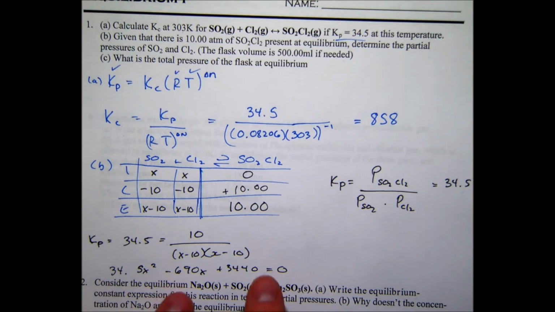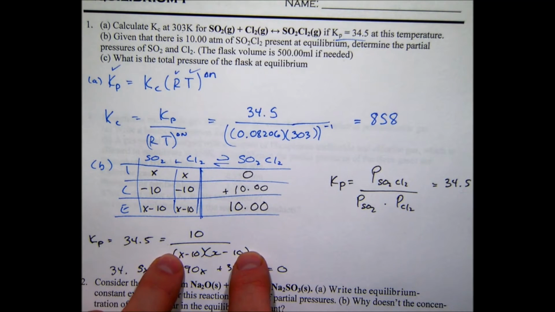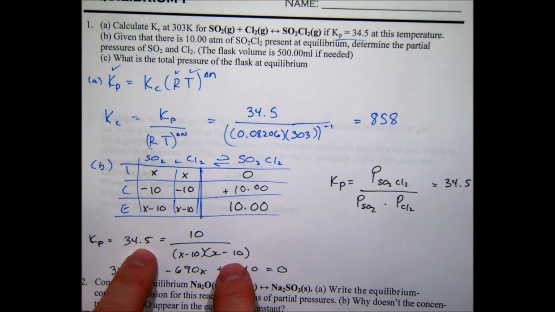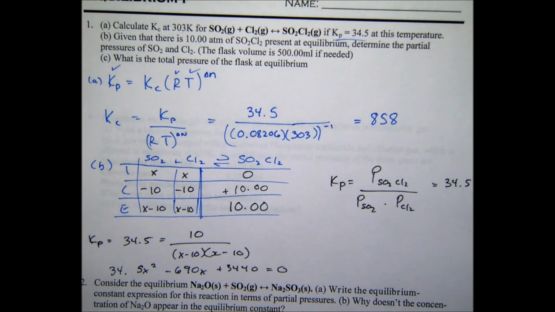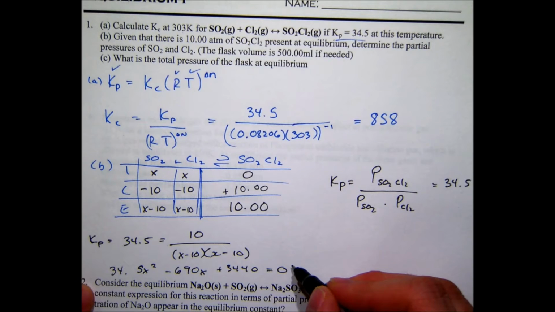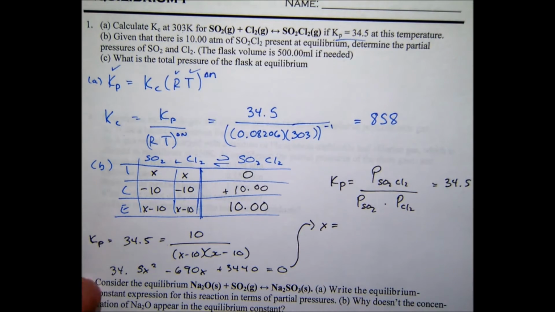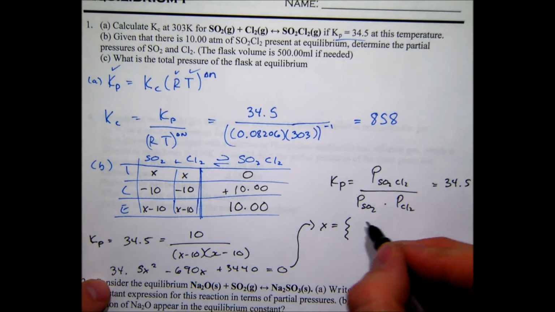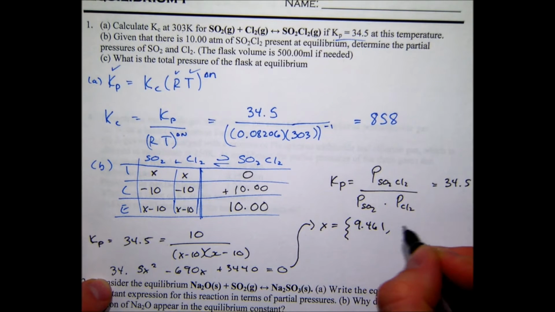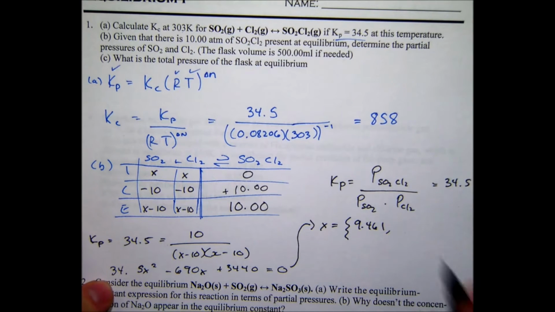So basically, to get that, you're going to expand these two factors, multiply this entire denominator by 34.5, and then subtract 10 away. When you are done, you're going to plug that into the quadratic equation and solve for your roots. We get two roots, 9.461, and the second root is 10.54.